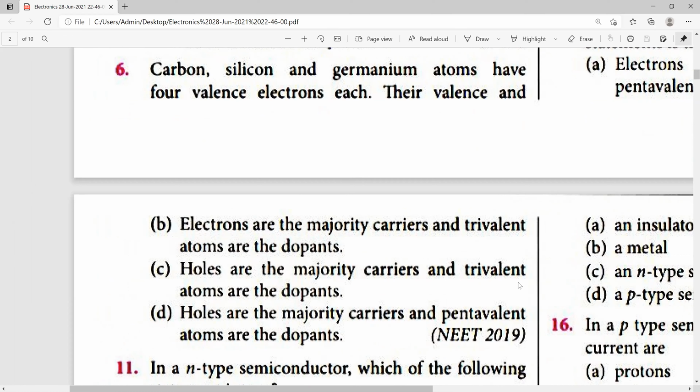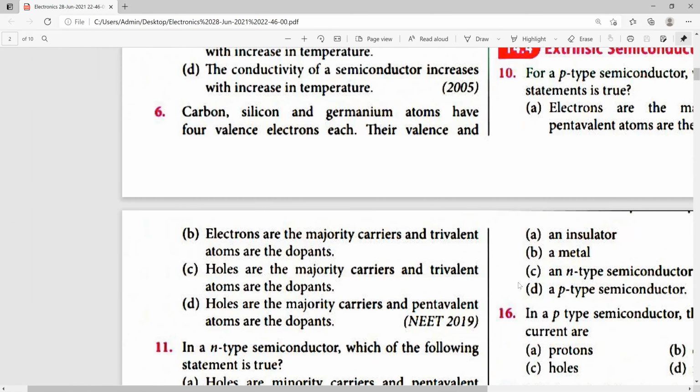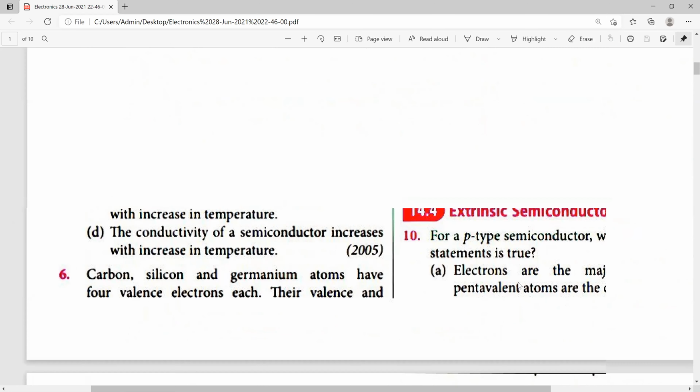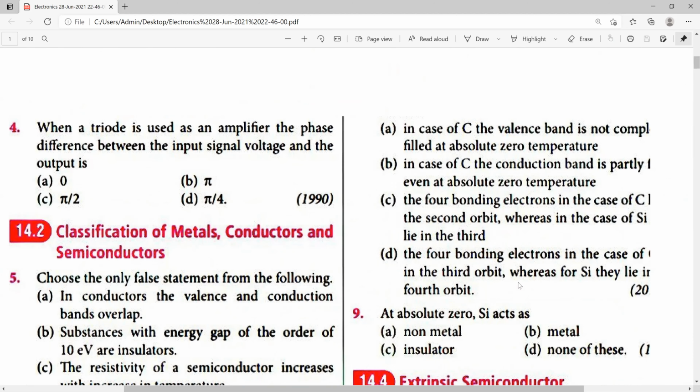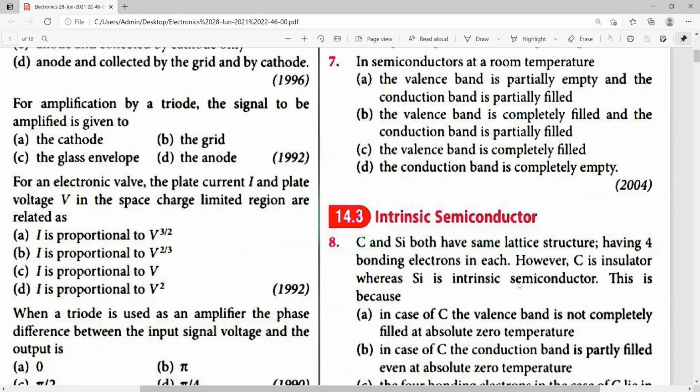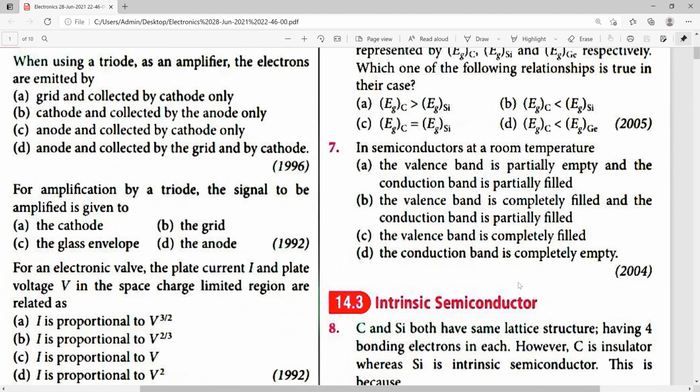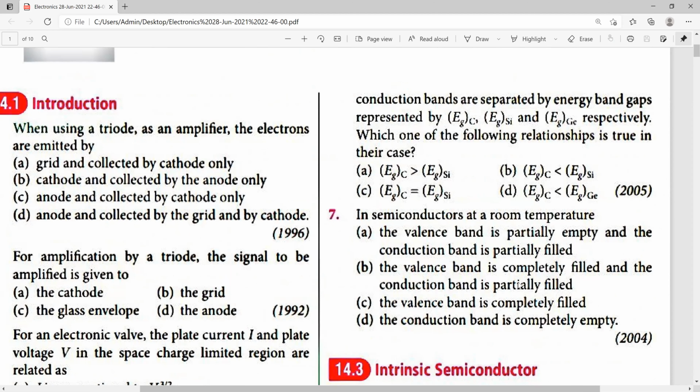Here the conduction band and the energy band gap are shown, represented by the energy gaps of carbon, silicon, and germanium respectively. Which of the following relations is true?